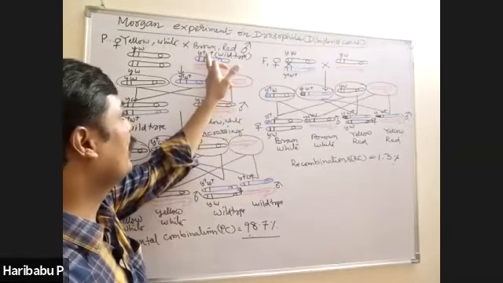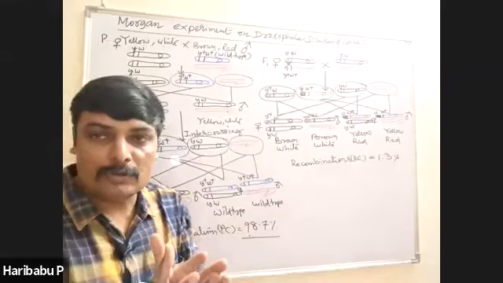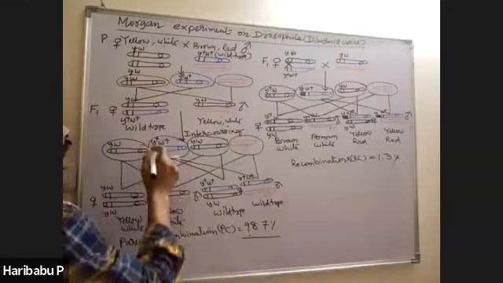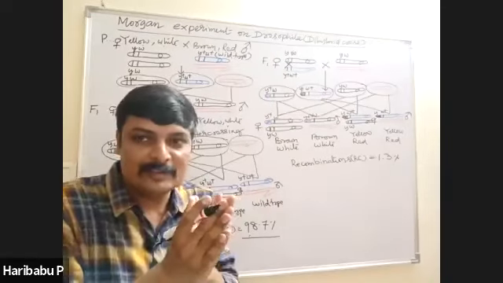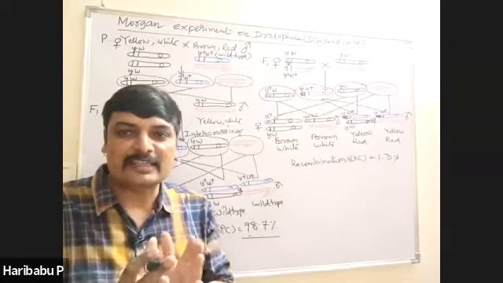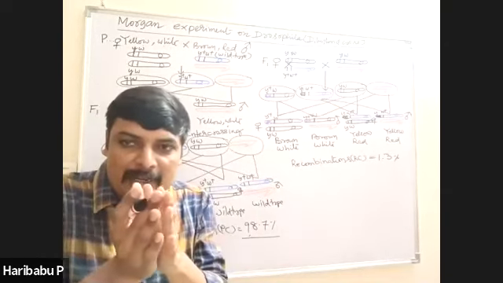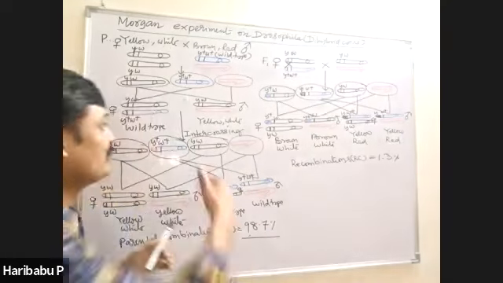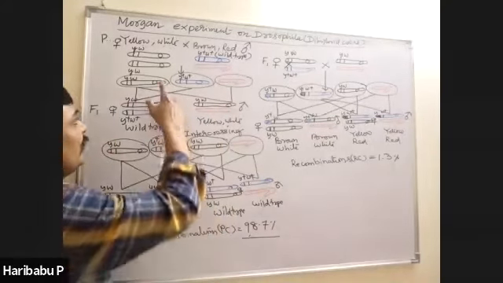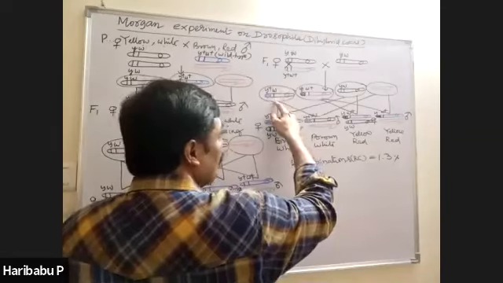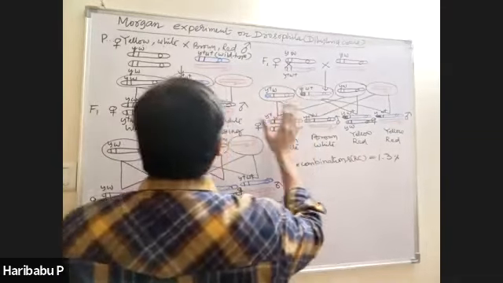Similarly, Y plus and W plus also. So as Y and W plus are closely placed, they are not separated. Instead, they moved en bloc into the next generations. They do not show crossing over. Hence, they do not show recombinations.